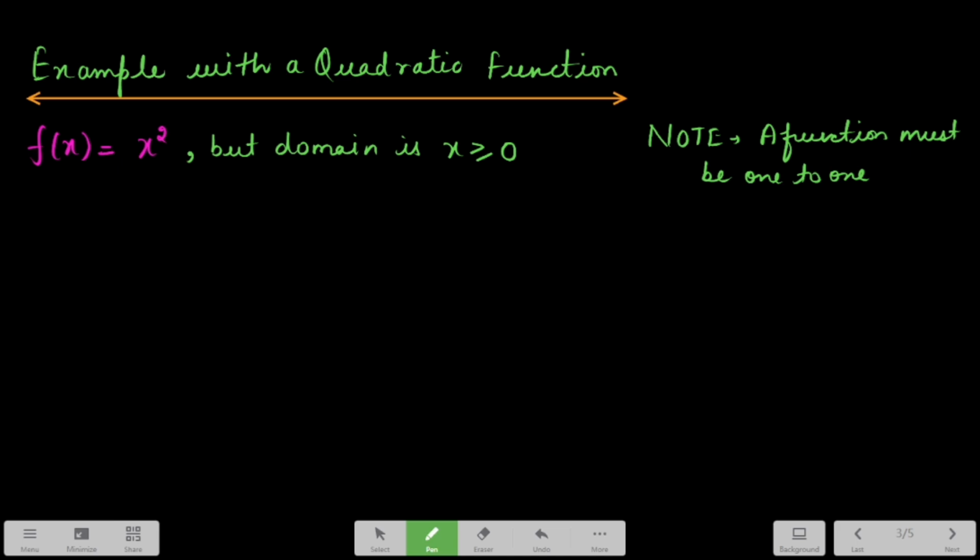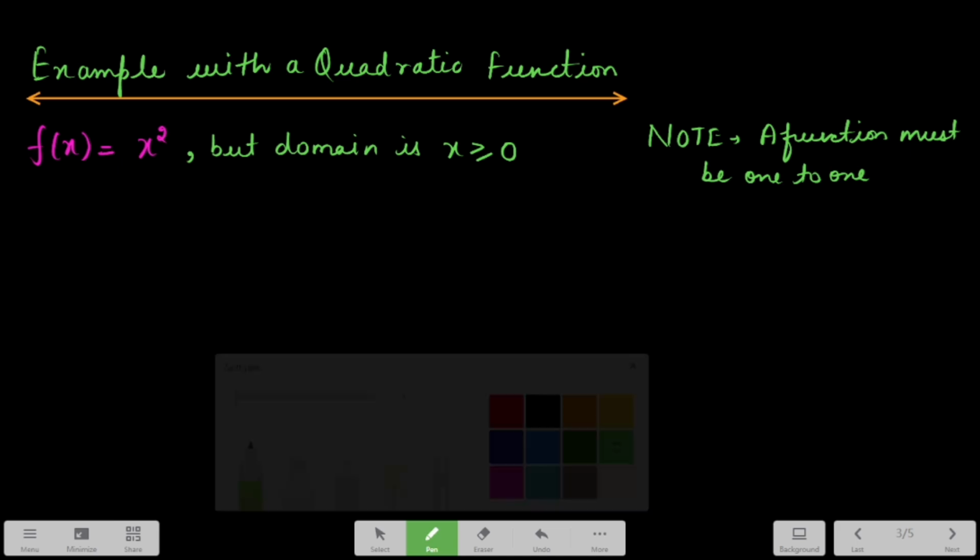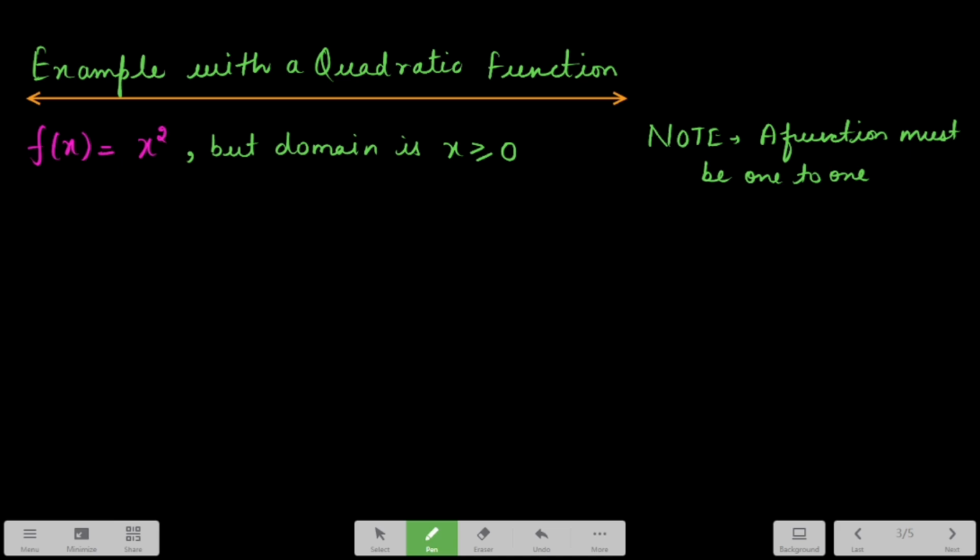But this topic is not included in this video. We are focusing only on finding the inverse of any function. But always remember, to find the inverse of a quadratic function, the function must be one-to-one. So we will follow the same steps as the previous one.